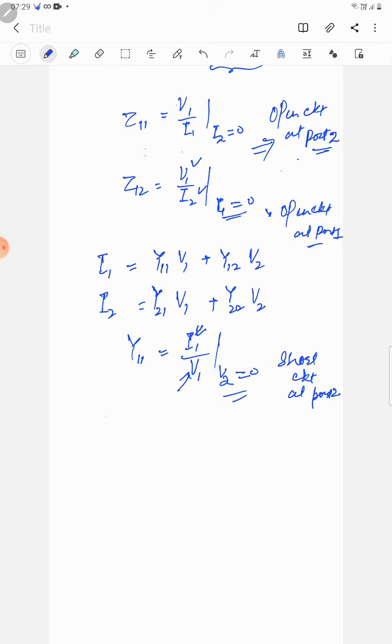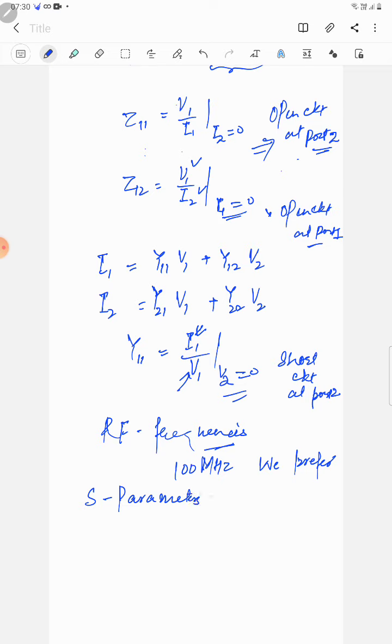Now, at microwave frequencies or at RF frequencies greater than 100 megahertz, we prefer S parameters over ABCD parameters, Z parameters, Y parameters, etc. for describing the network. So at higher frequencies, as I said, we talk of S parameters.